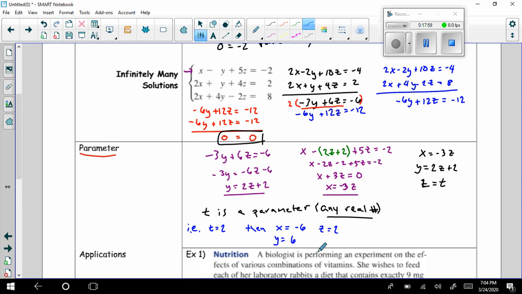All right. But you could make a whole table where you say, okay, t is this value. So 2, 5, negative 1, whatever value you want it to be. And you can find the solution for x, y, and z. Those would be your solutions within that parameter.